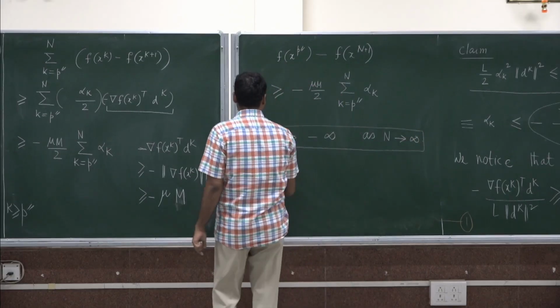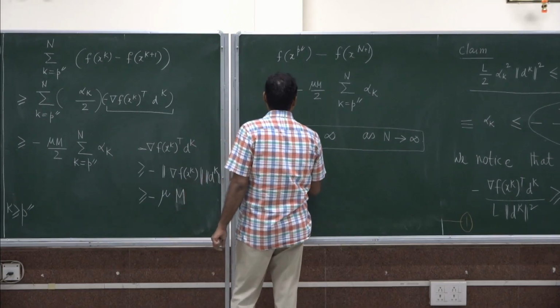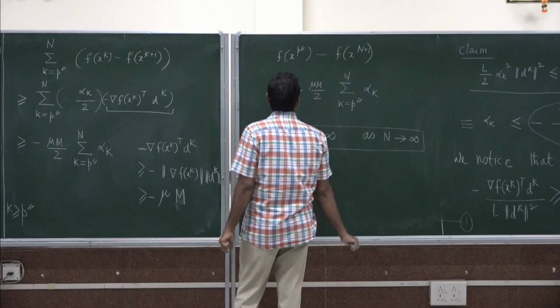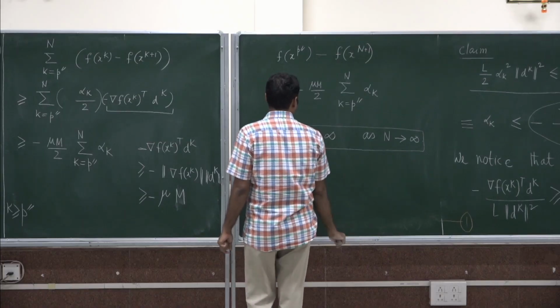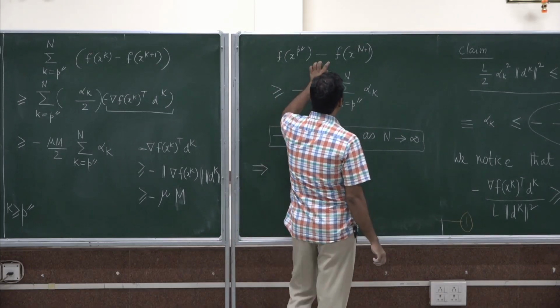Here we have f(x P double dash) is a finite quantity and f has an infimum.